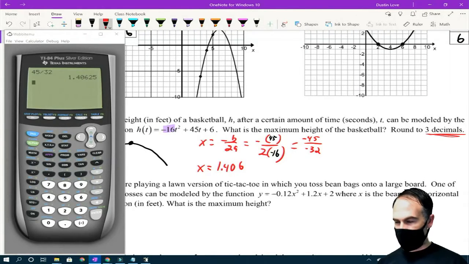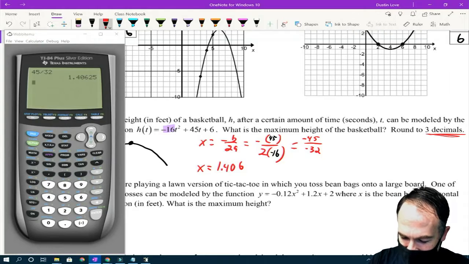Now, okay, that's not the true height of the ball. What that's saying is it happens at 1.406 seconds. Now I'm going to go ahead and plug that in.